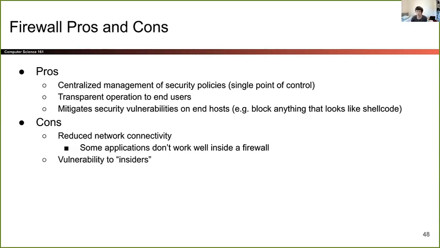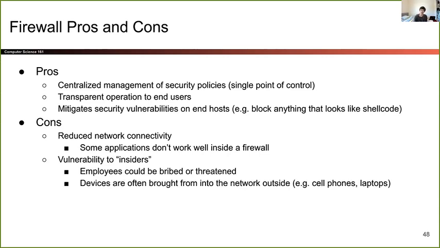You also have that vulnerability to insiders. So I mentioned all the way at the beginning that the typical threat model for firewalls is based on trusted insiders and untrusted outsiders. But if you consider that employees could be bribed or threatened, and devices are often brought from the outside world into your network, this could be more dangerous than you would imagine because the outside is secure, but on the inside, it's still soft and vulnerable.